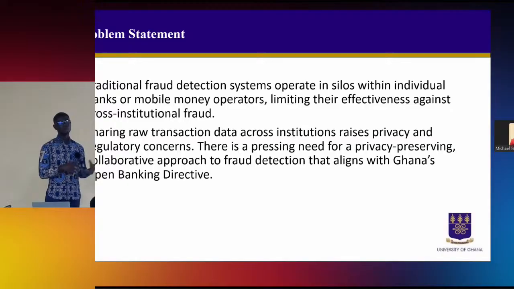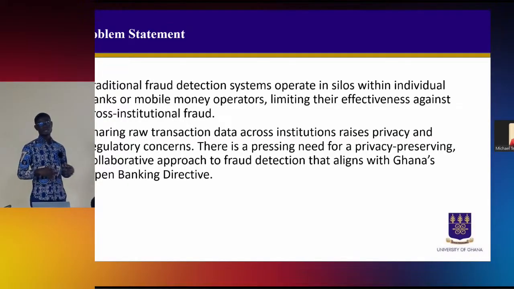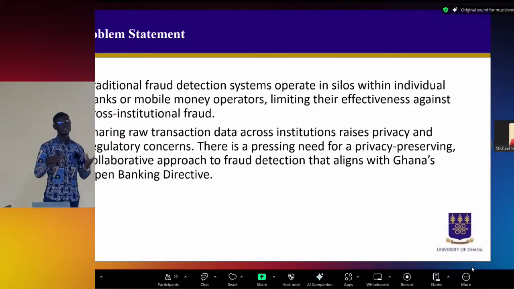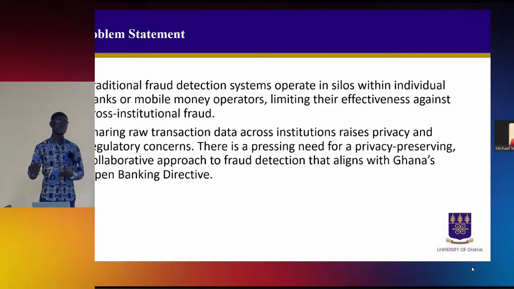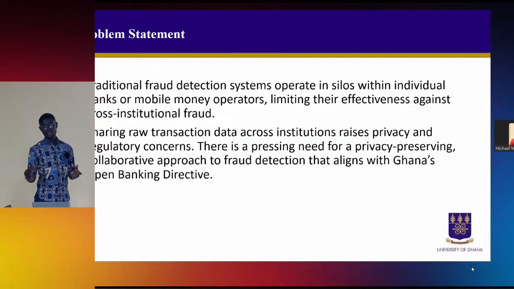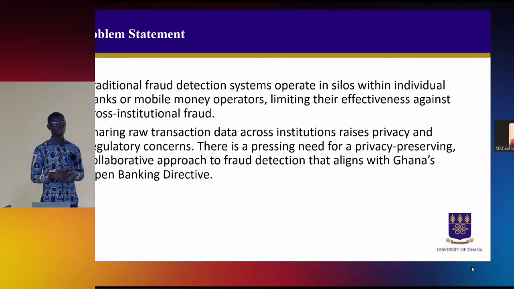If you go to, let's say, Bank of Africa, whatever is happening there is independent of what is happening in GCB, EcoBank, and the rest of the RFIs we have in Ghana. So these banks operate in silos, which also limits the effectiveness of cross-institutional fraud detection.